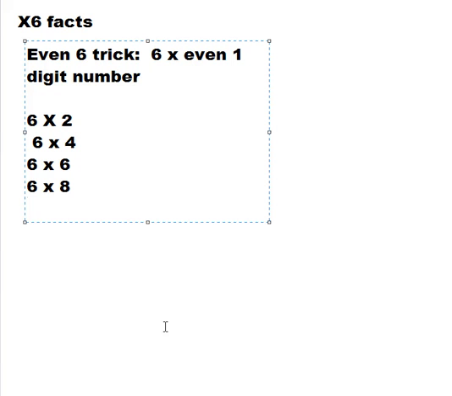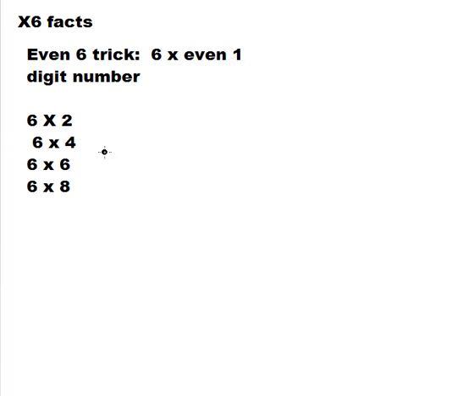So we can use the even 6 trick with all of those numbers. We'll spend this video working on the even 6 trick, and then we will spend the second video working on the other 6 facts. So let me go back to my brush and we will work on this.